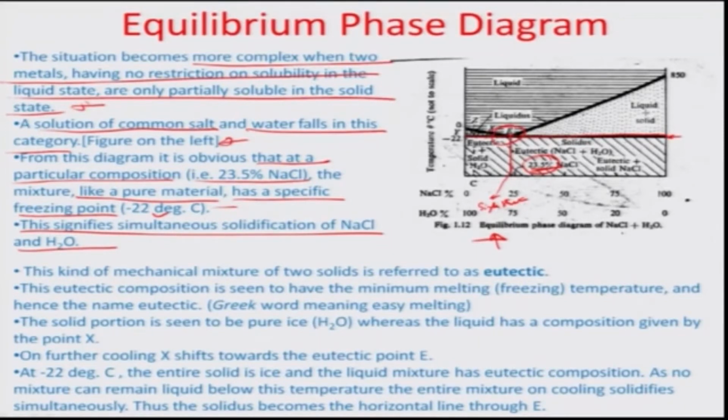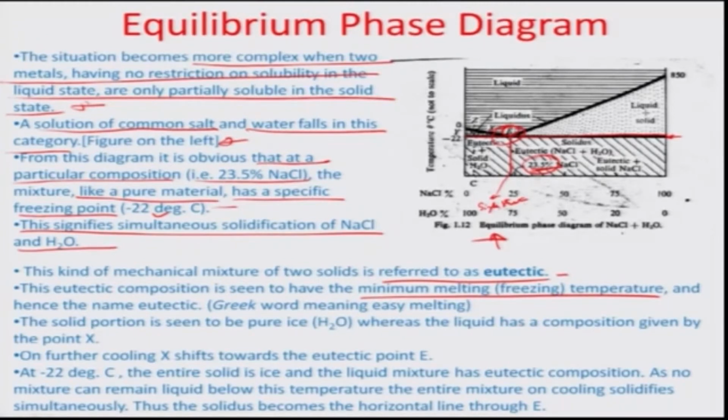Now, at the point E, the liquid directly changes to the solid, and we cannot distinguish between the different phases of the solid, because they are obviously salt and water both, but it is indistinguishable. This is referred to as the eutectic point, which means the minimum melting or freezing temperature. Beyond the eutectic, the whole mixture would tend to be solid almost always.